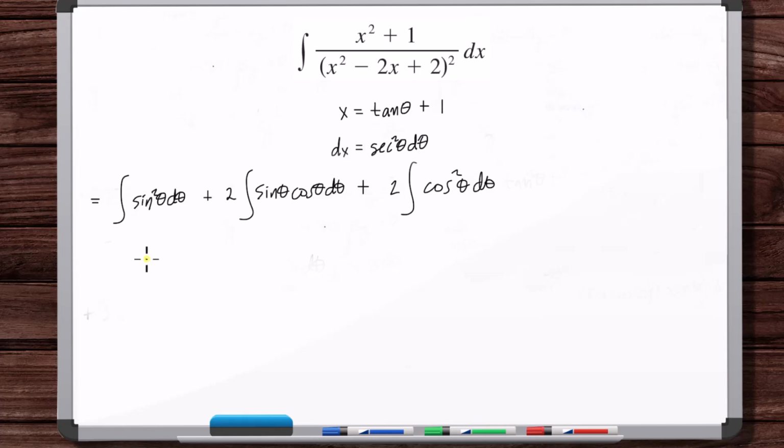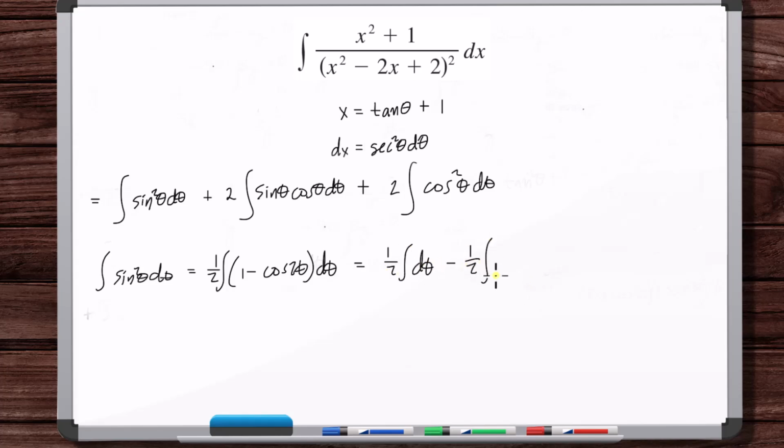Okay, so sine squared theta d theta is, take out the 1/2, 1 minus cosine 2 theta. So we've got 1/2 theta minus 1/4 sine 2 theta.